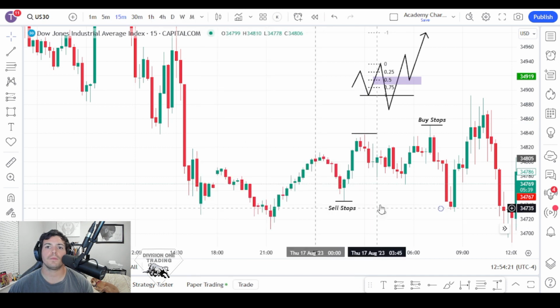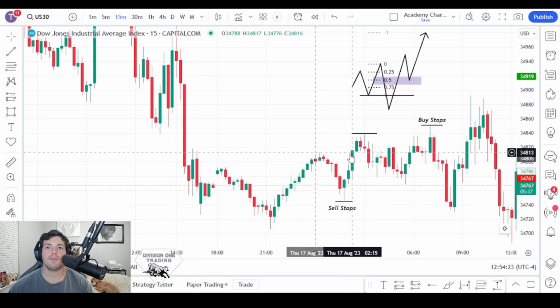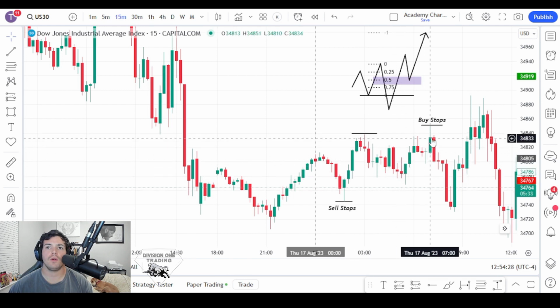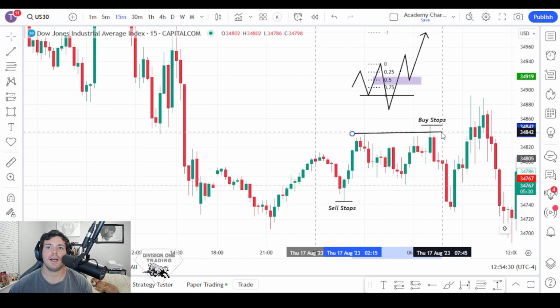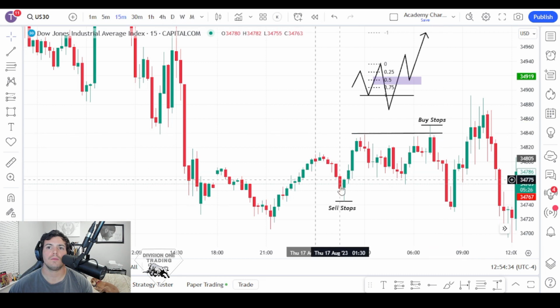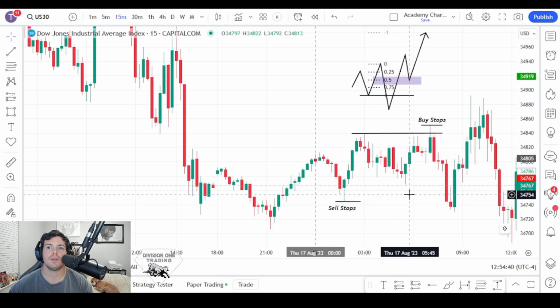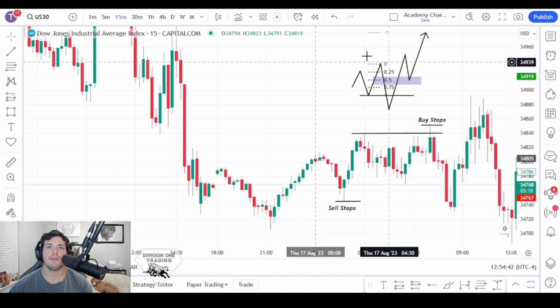Right here you can see we form a low and we form a high. Then not before long, we take out that high, and then we take out this low. So what is that telling us? We have a breaker. We've taken out a high and a low.